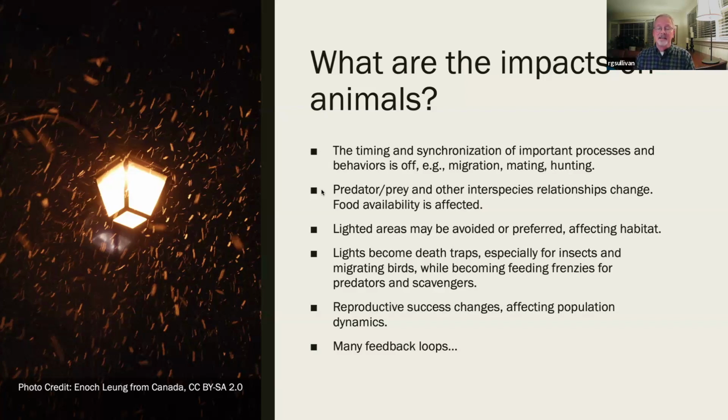And when you have all of these bodies of insects and birds around lights, of course, that brings in all sorts of predators and scavengers. So they're getting a ton of extra food, and they're not in other places where they would normally be supplying food to the animals in those areas. So you can see what a mess that can create.